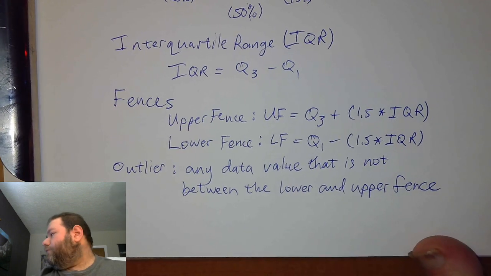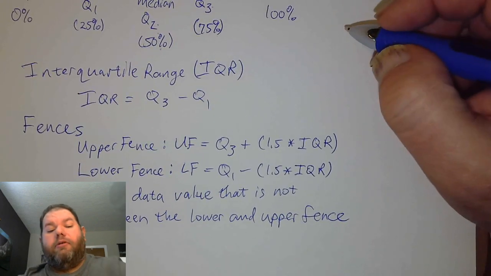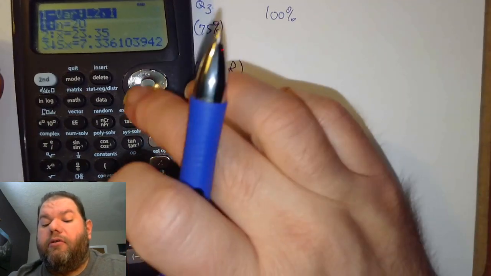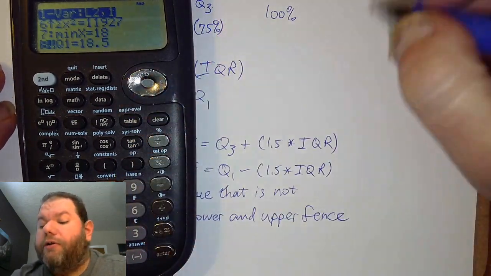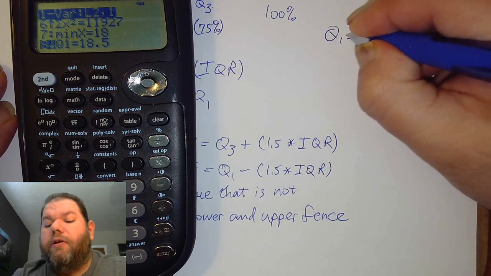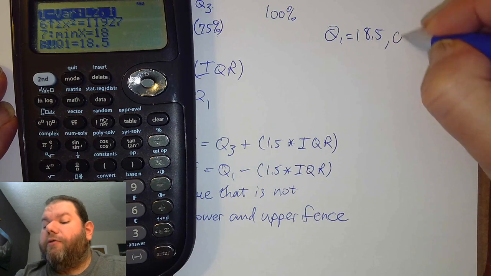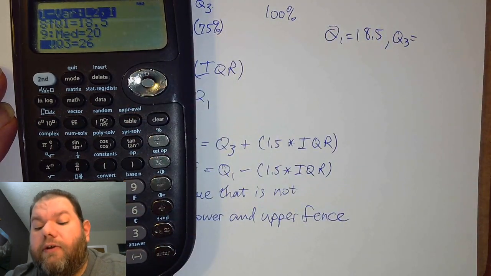So for our problem, and I'll go back to the calculator for this, we had Q1 is 18.5 and Q3 is 26.